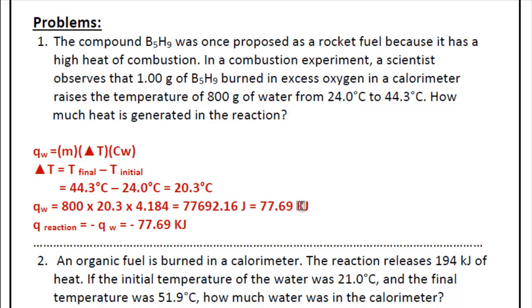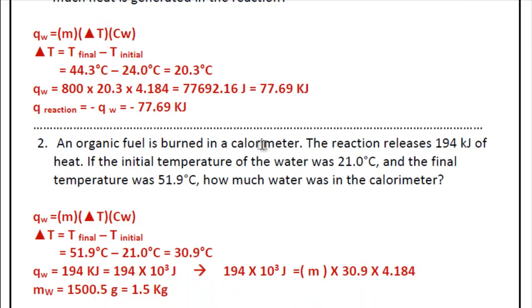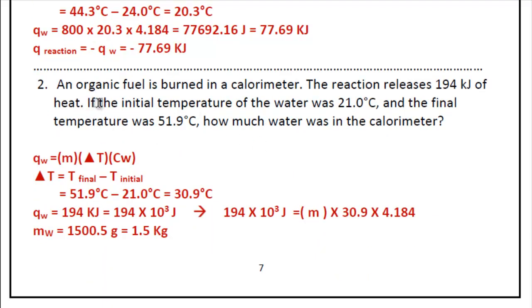This is the amount of heat of water, Q water. But we know that the heat of reaction is equal to negative heat of water, so it will be negative 77.69 kilojoules.